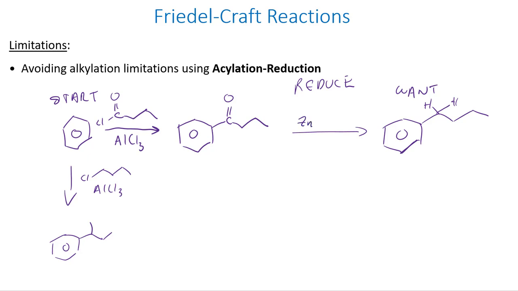One option is to use a zinc-mercury amalgam with hydrochloric acid, so we're using a toxic heavy metal, mercury, or we can use a compound called hydrazine in KOH with a lot of heat.